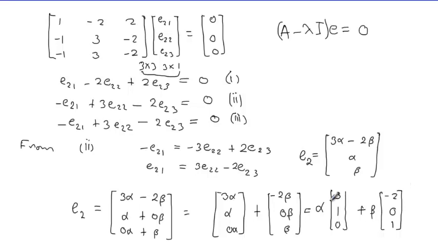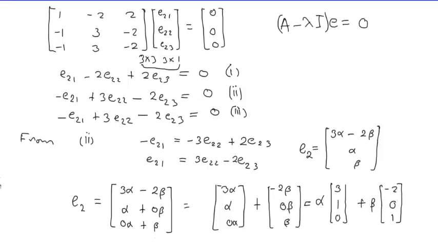Now, here we have two vectors. Our representative vectors will be (3, 1, 0) and (minus 2, 0, 1), and their scalar multiples are going to be eigenvectors.